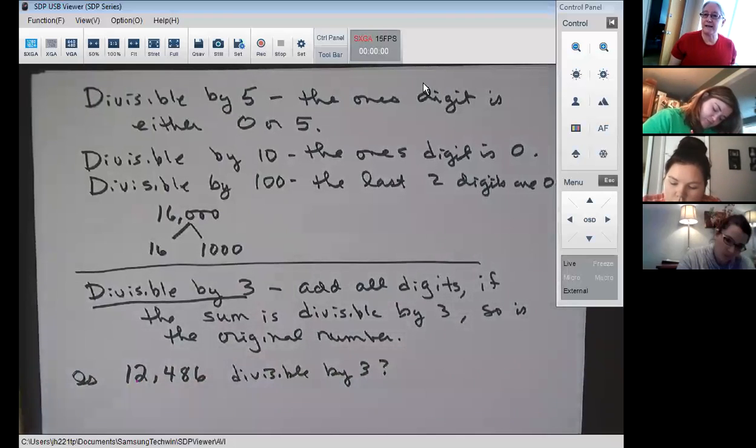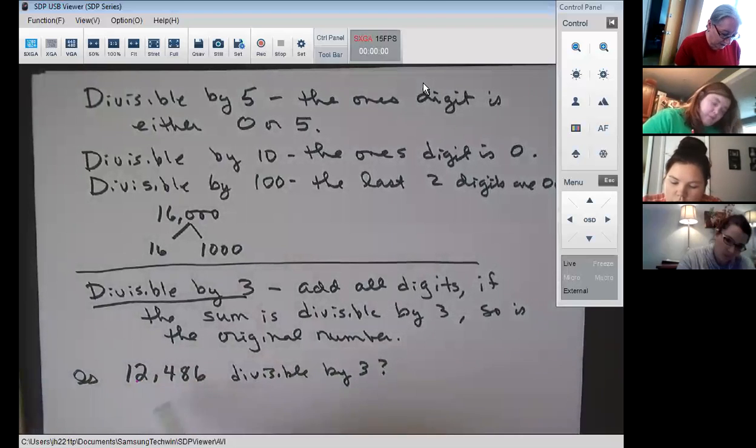Now, if you had a calculator, that's easy, right? You just plug it in there and you find out if it comes out evenly or not. But if you're doing this pencil and paper, I don't want to have to divide that whole thing out and find out it's not divisible by 3. So what I can do instead is I can add 1 plus 2 plus 4 plus 8 plus 6. And this isn't too hard to do in my head.